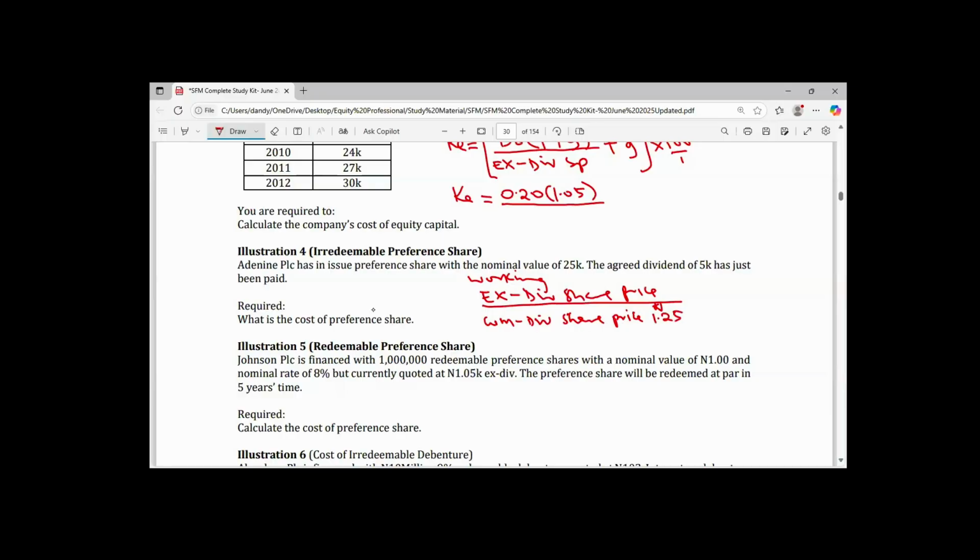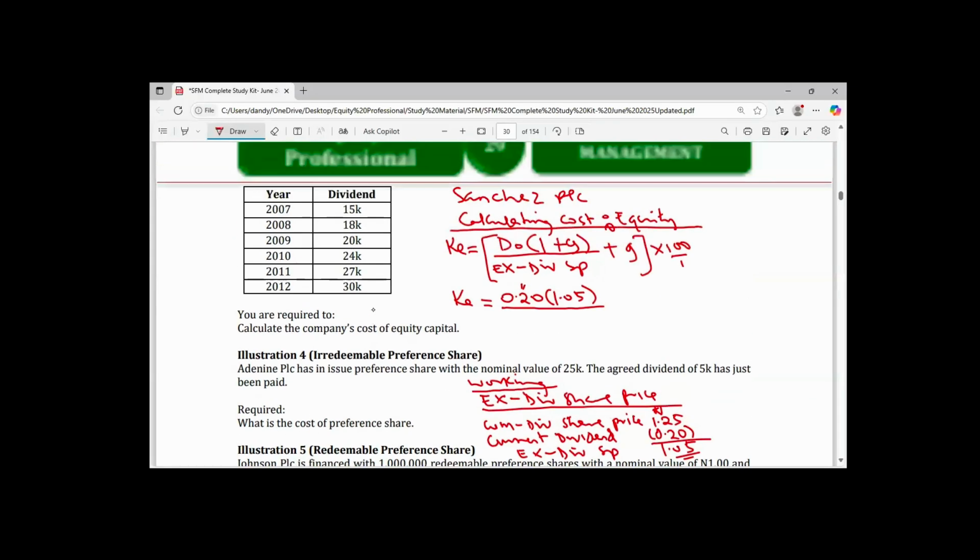Then you less current dividend of 20 kobo. That's the 20 kobo you are seeing here. So when you less, that will give us 1.05. That represents the XDiv share price.